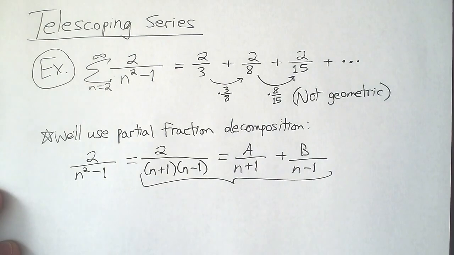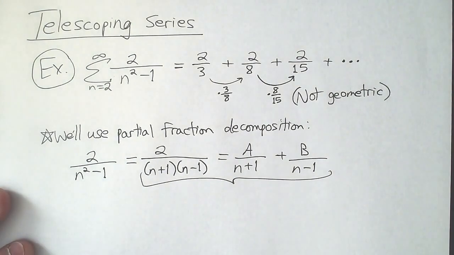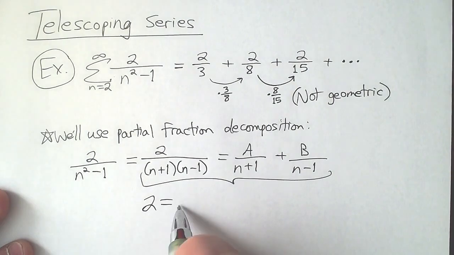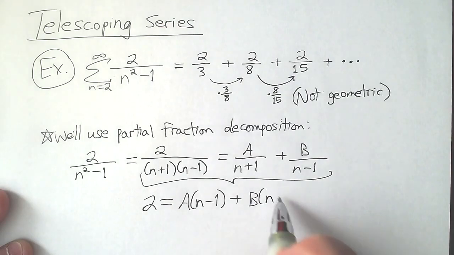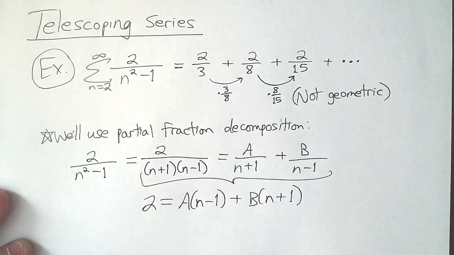Yes, there will be something we can do with that. You'll see. So, do the algebra to figure out A and B. You could try that part on your own if you'd like.